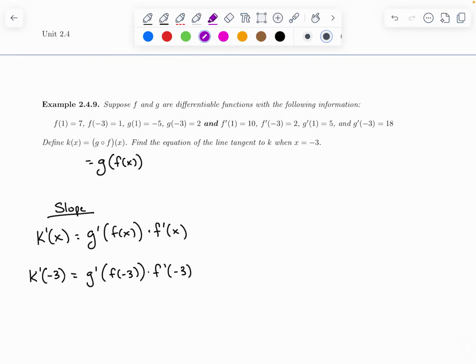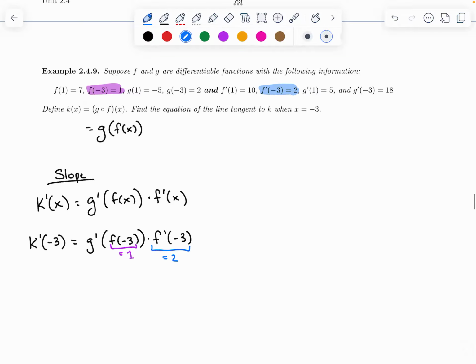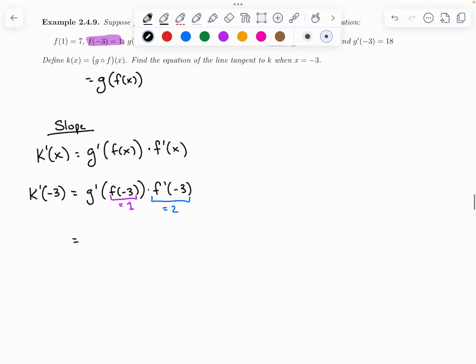Well, we know that f of negative 3 is 1, and f prime of negative 3 is 2. So what we have now is 2 times g prime of 1.